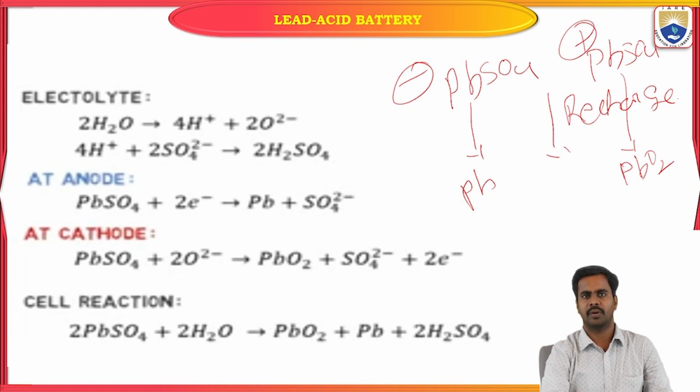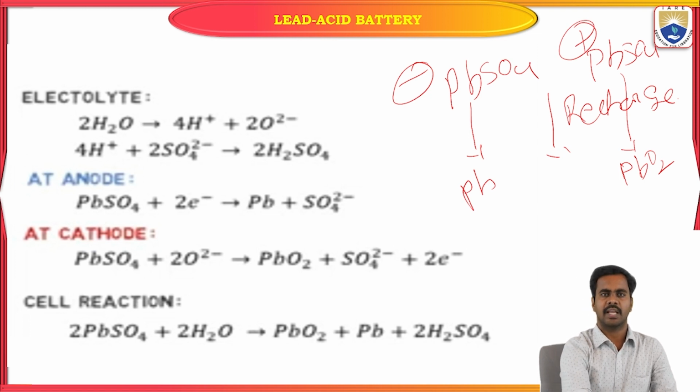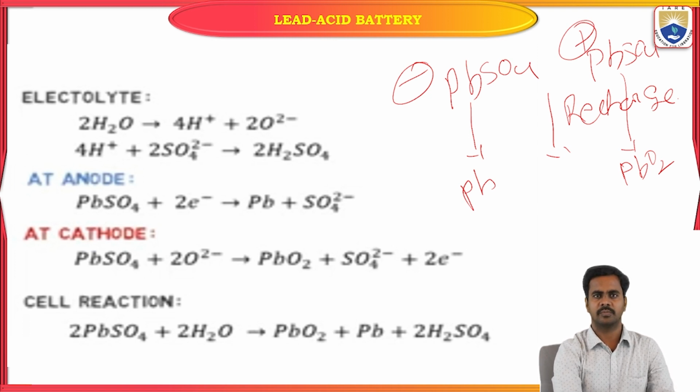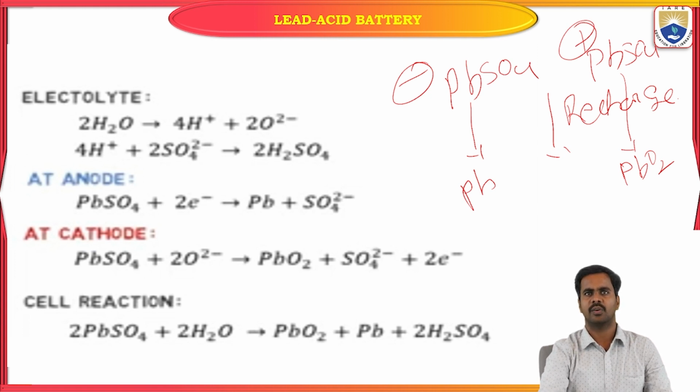So let us see what the anodic reaction and cathodic reaction are during the recharging process. In the first step, the electrolyte, that is H2O. During the recharging process, H2O acts as an electrolyte and H2O undergoes dissociation into H plus and O2 minus, and H plus and SO4 form H2SO4.